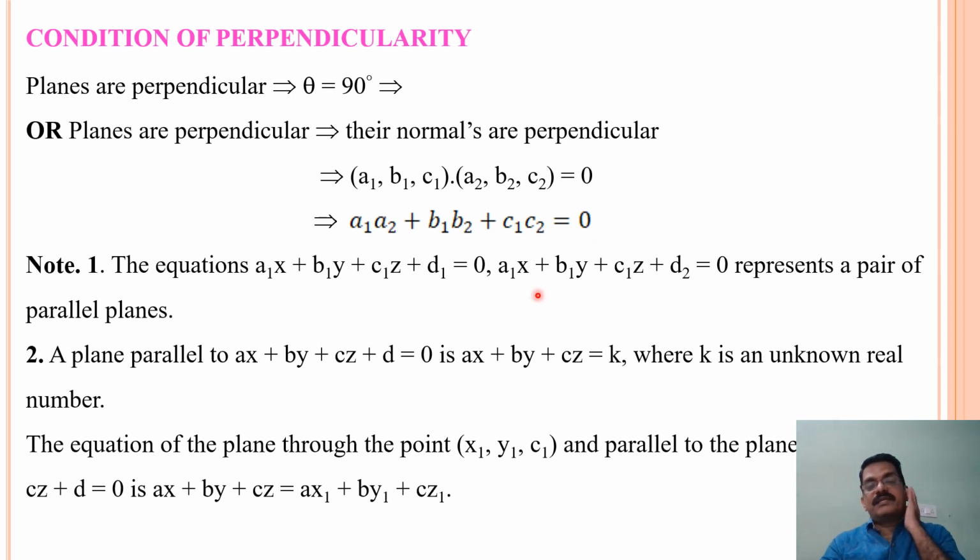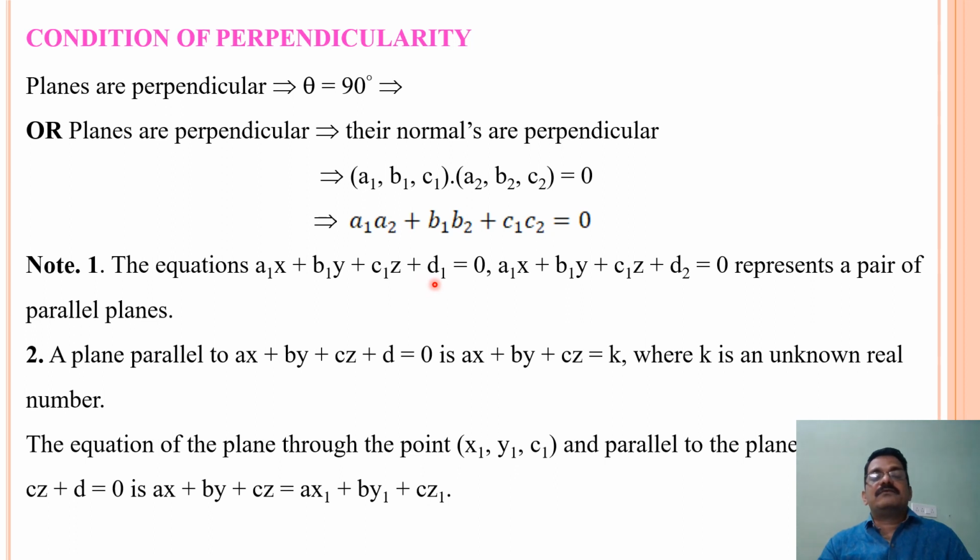Next, here we can observe that A1x plus B1y plus C1z plus D1 is equal to 0, A1x plus B1y plus C1z plus D2 is equal to 0. Here constant D1 is different, remaining constants are same. Then the two planes represent a pair of parallel planes. So two planes are parallel.